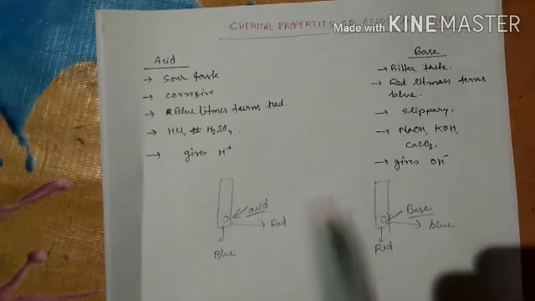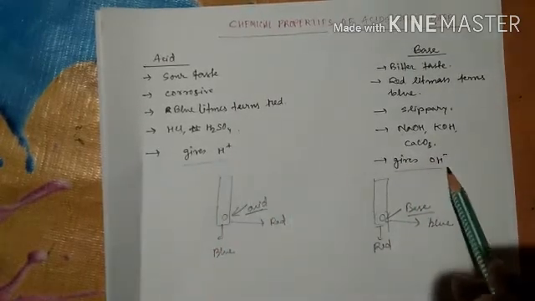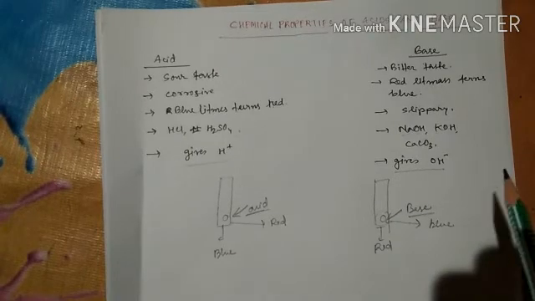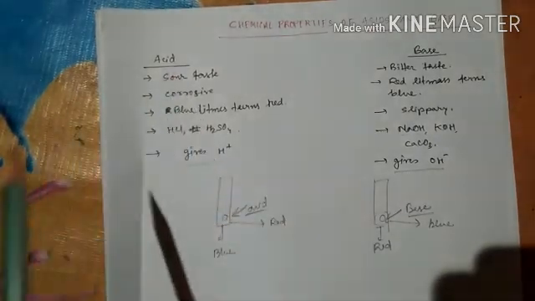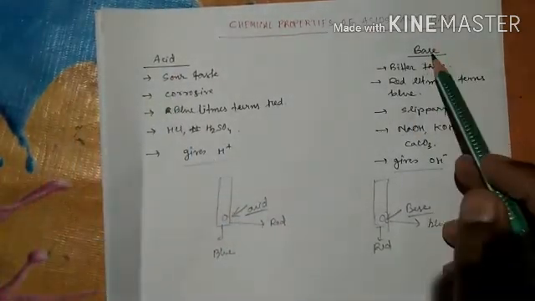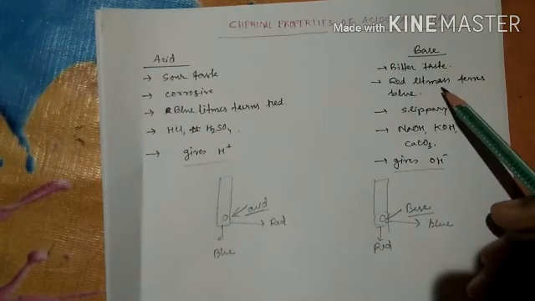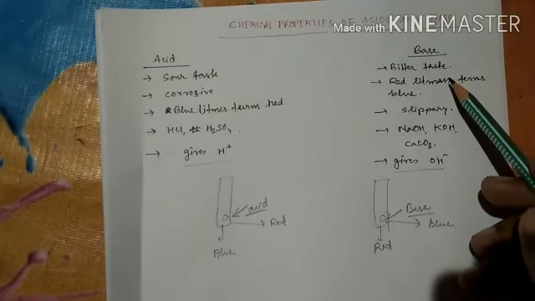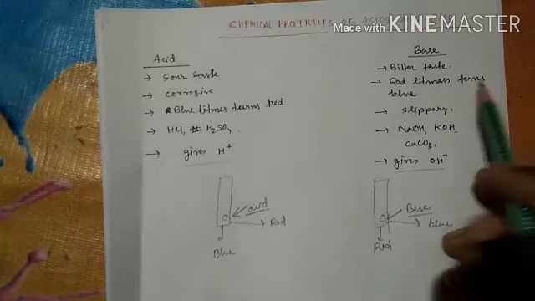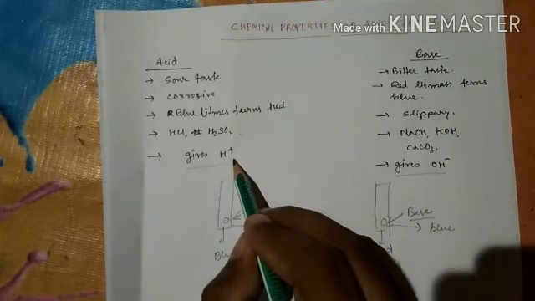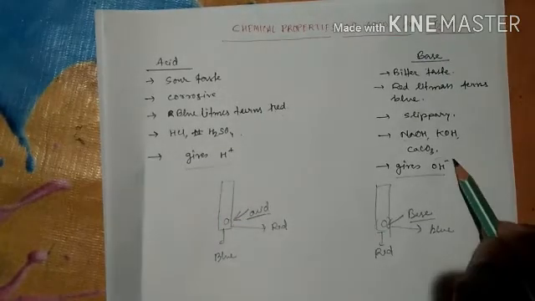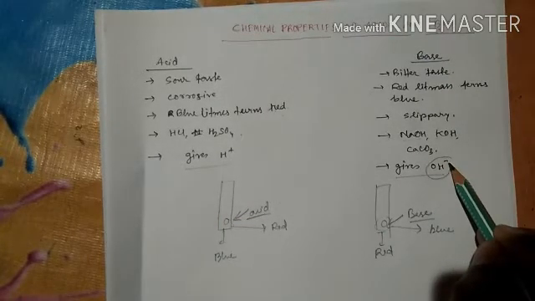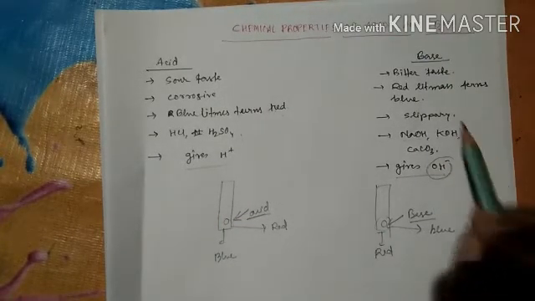Now, the next important topic is how or why we call this chemical acid or why this chemical is called base. A chemical which produces H plus ion is called an acid. A substance or a chemical which produces OH negative, then we call the substance or chemical a base.